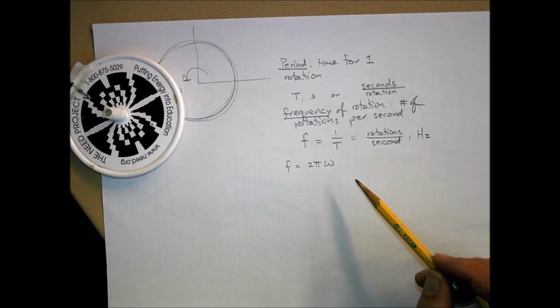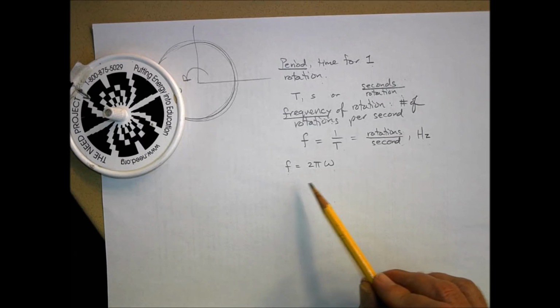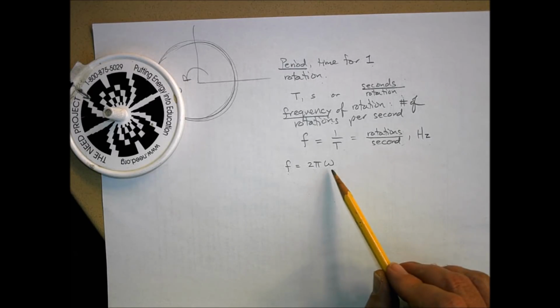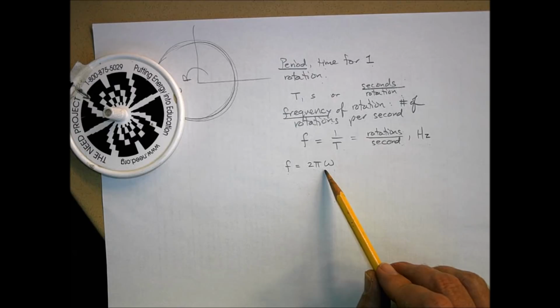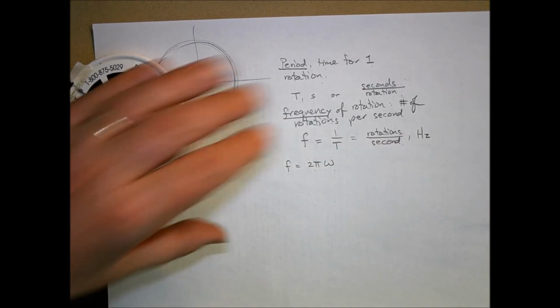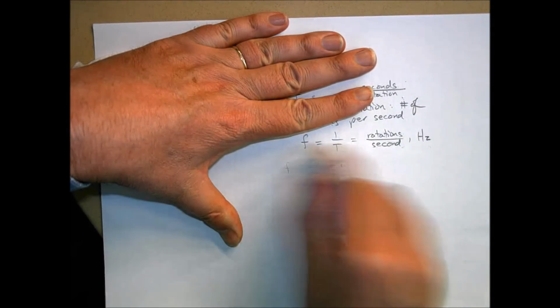Now, if you make one rotation per second, you're going to get omega. Oh my gosh, this is not right. Yeah, I told my other class wrong. No, I just got it mixed up.